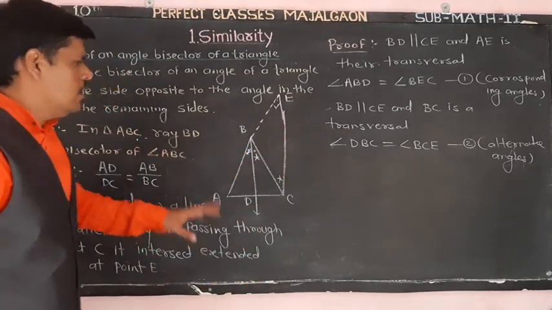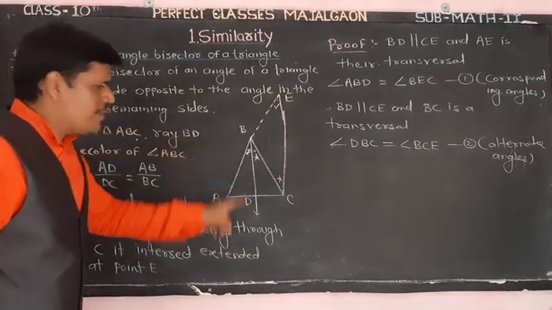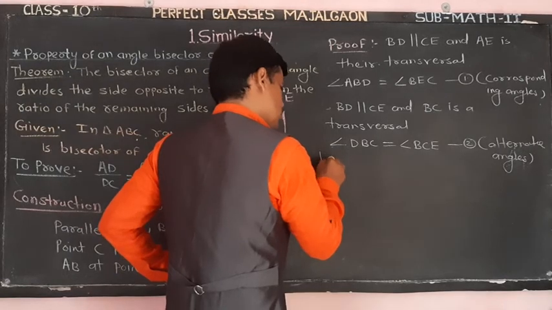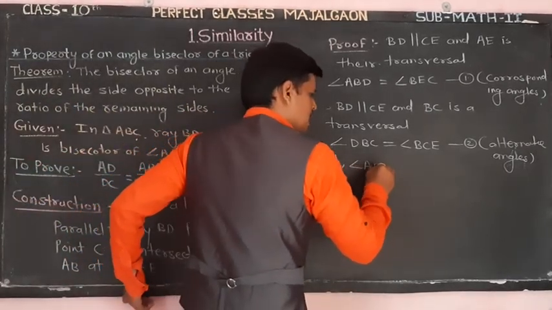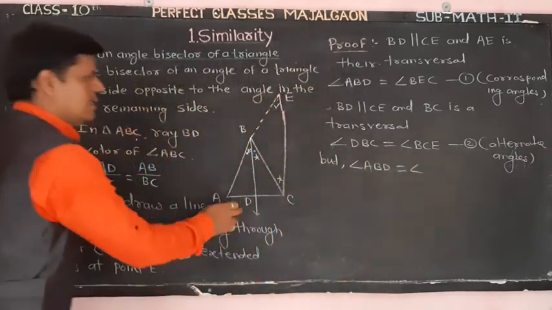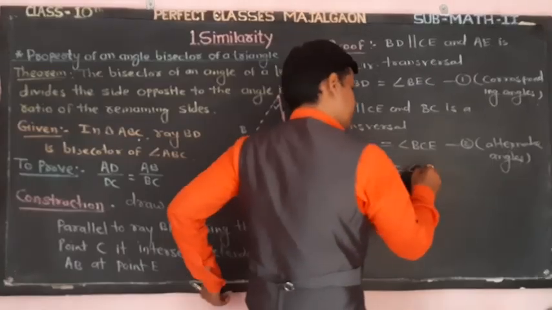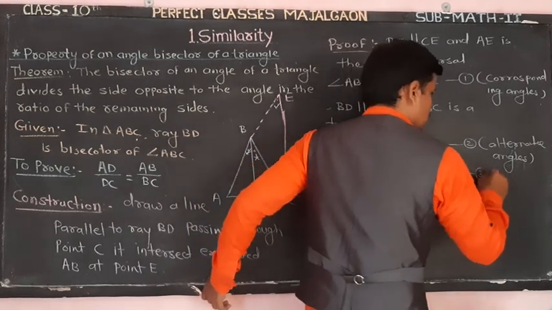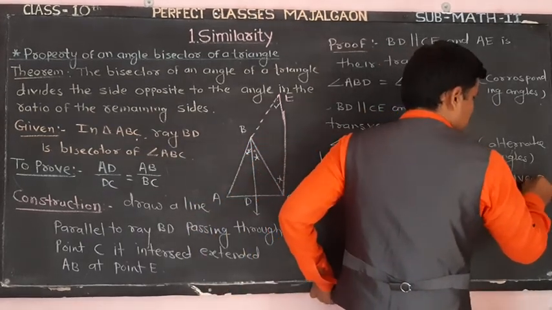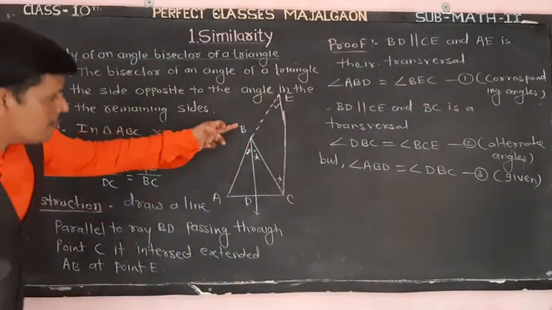Angle ABD equals angle DBC. This is the given, equation 3, because BD is the bisector.